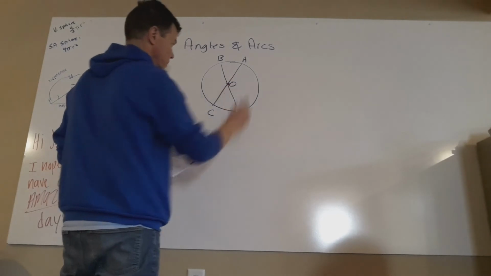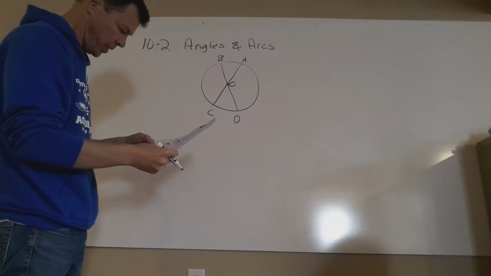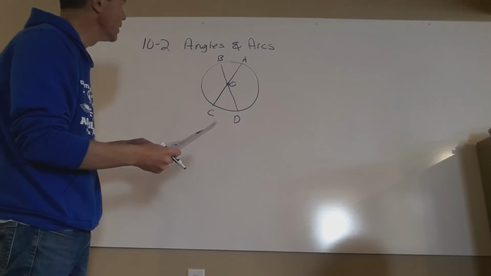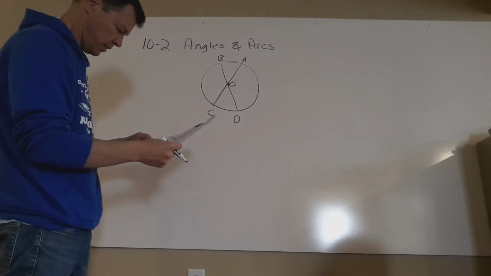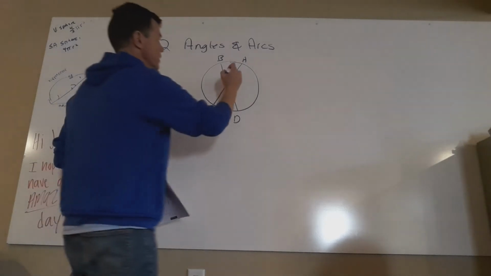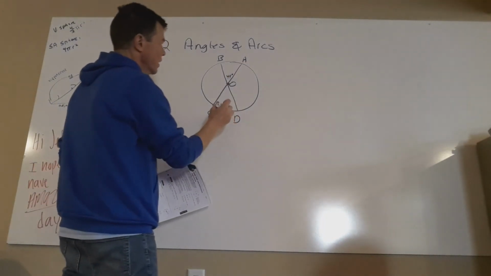Going through the center. Anyway, measure of arc BO is 44. Angle BOA is 44 degrees.